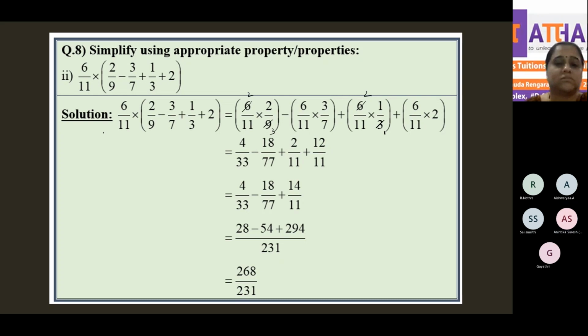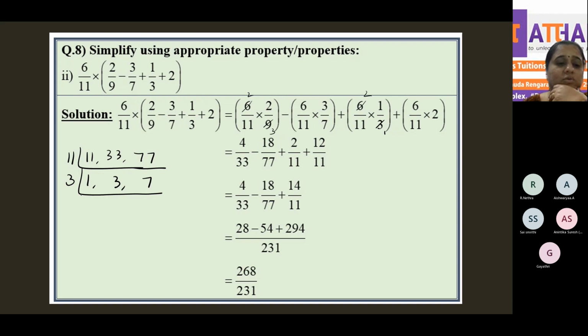Done, ma'am. Yeah. So how do we find the LCM of 33, 11, 33 and 77? LCM of 11, 33, 77. Correct. Yeah. So you can use 11. 11 is a prime number. So you can use 11. 11 ones are, 11 threes are, 11 sevens are.